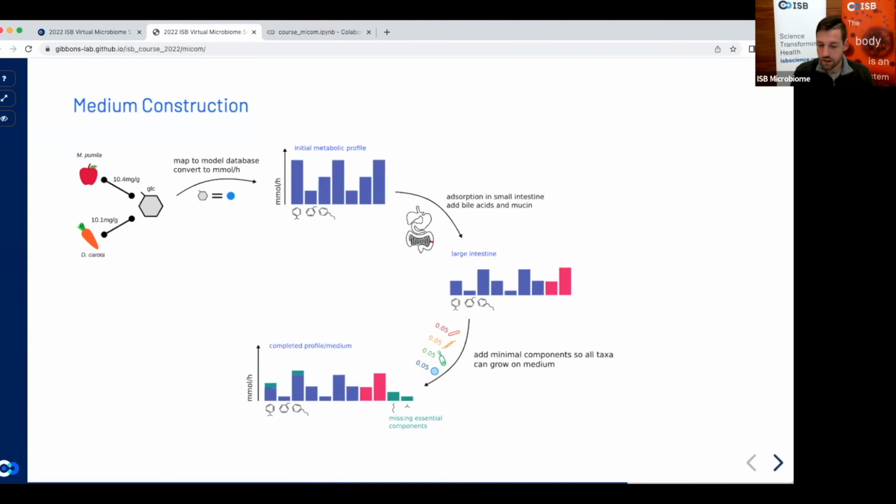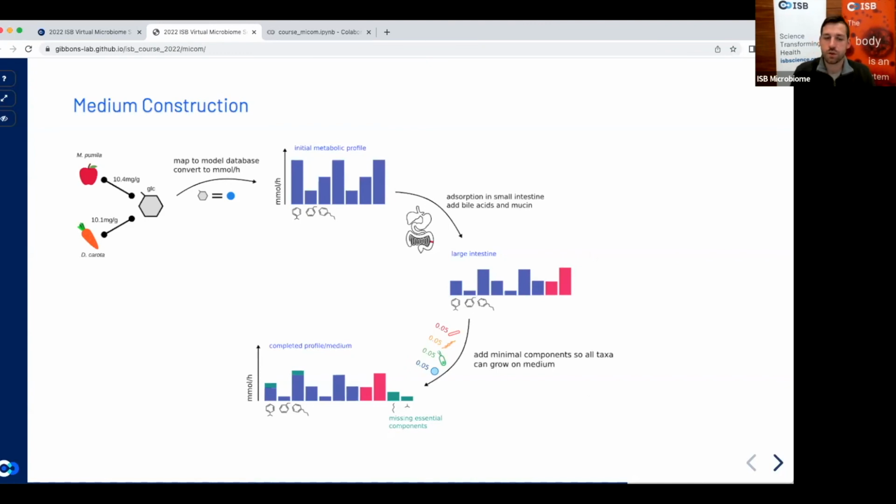And then following this, we have to account for absorption in the small intestine. Many of the metabolic components of our diets are actually absorbed in the small intestine before they even make it to the gut microbiome in order to be consumed there. So we have to account for that in this step. We also add bile acids and mucin, which are introduced along the gastrointestinal tract before reaching the large intestine.